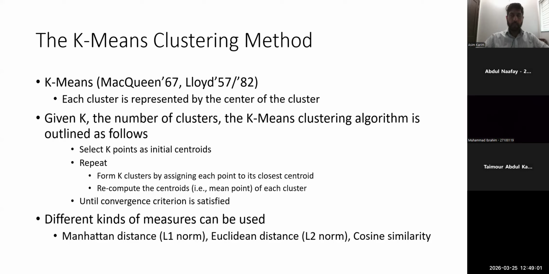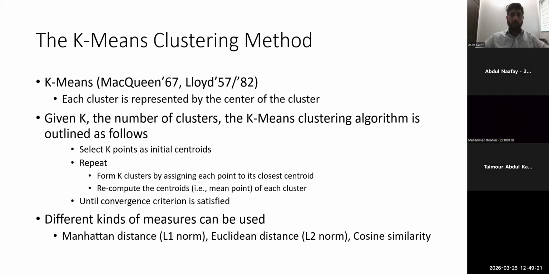So given k, again, k is an input. So select the k points as the initial centroids. So usually these k points are actual objects. ठीक है, actual objects हैं वो हम select कर लेते हैं as the initial centers of the clusters or the means of the cluster. ठीक है?